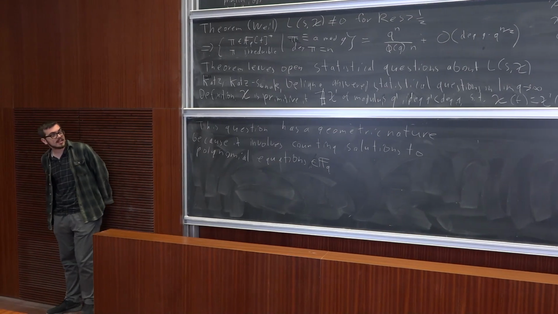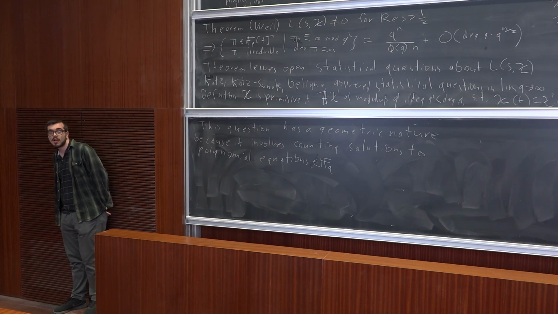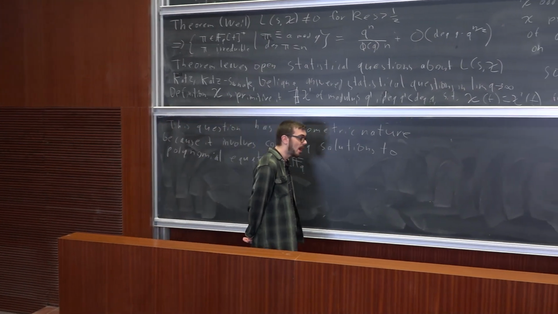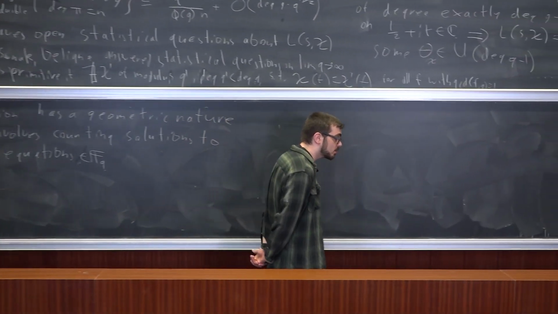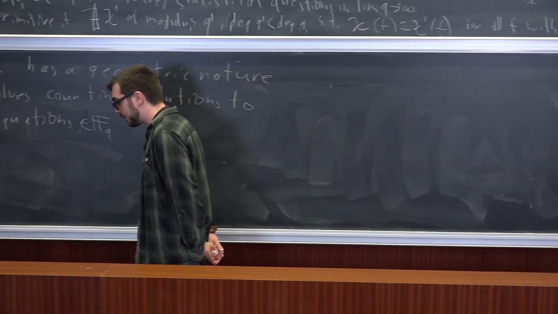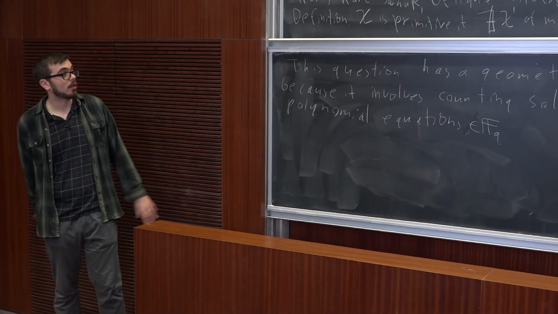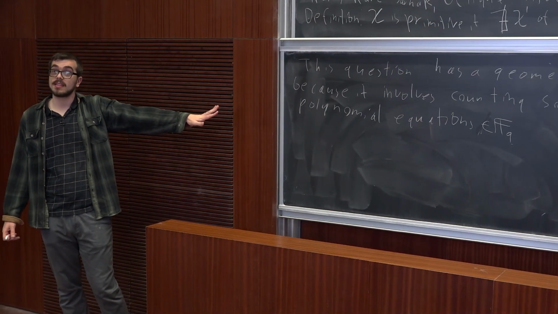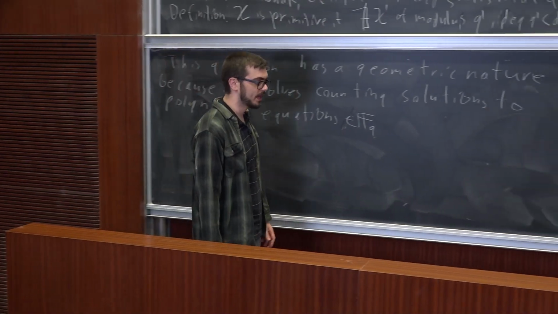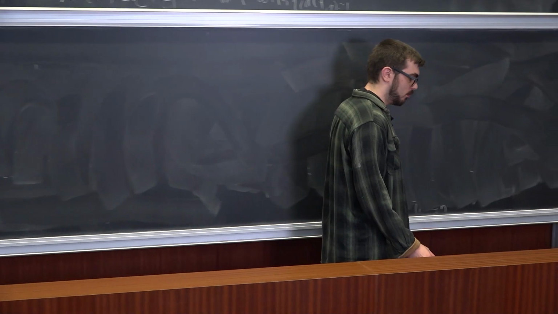And so the kind of techniques you need to count solutions to equations are the same kind of techniques you would need to study the topology of the solutions over the complex numbers to the same equations. What I'll do next is explain how polynomial equations arise in this setting, and then I will explain how the counting works.